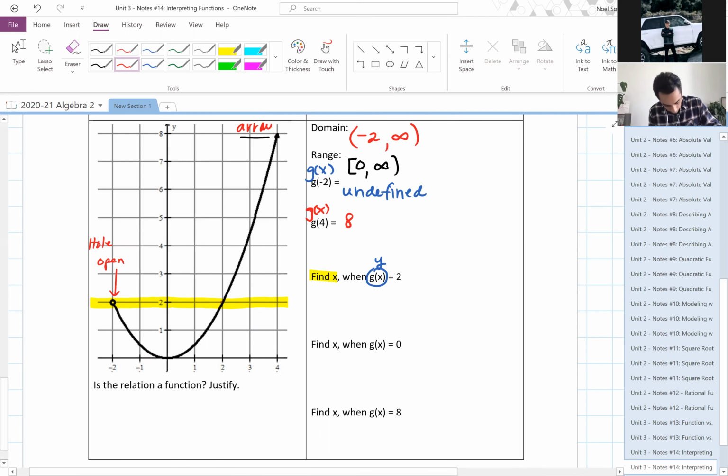Because I see it crosses here and then potentially here, but which one of them is the valid one? Which one of them actually exists? Yeah, it's when x is 2. Because on the other side, I have a hole. So y is not 2 at this point. It's only 2 at this point. So that's why we focus on this one only. When x is 2, that's when y is 2.